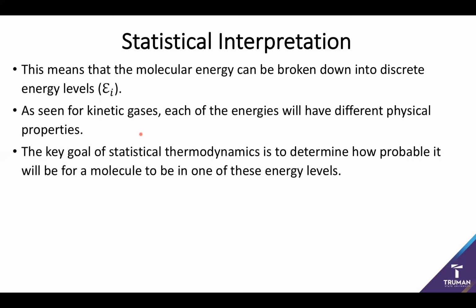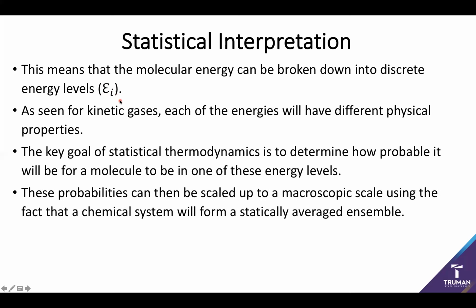So one of our key goals using StatMech is going to be trying to use these energy levels to determine how probable it will be that a molecule is going to occupy any given energy level. Now, if I know how probable it is for any given molecule to occupy any given energy, then I can try and scale these up to macroscopic systems by using what's called an ensemble.